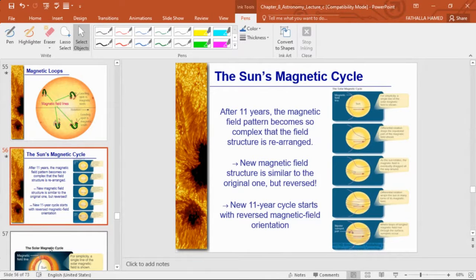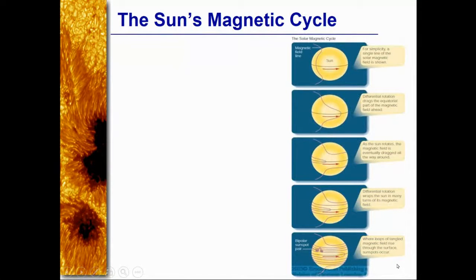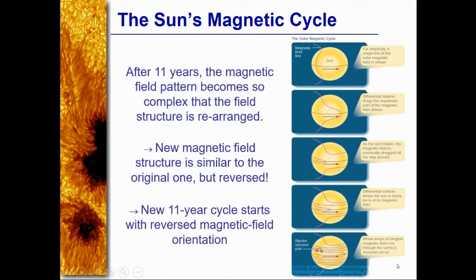So if we just look at the cartoon that we have here, you have just one magnetic field line. So you have moving plasma, it produces a magnetic field, and you know that magnetic field lines will go from north to south.